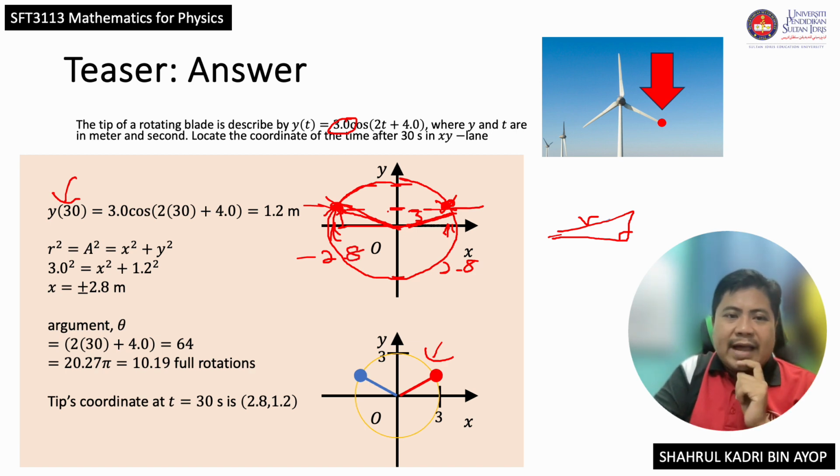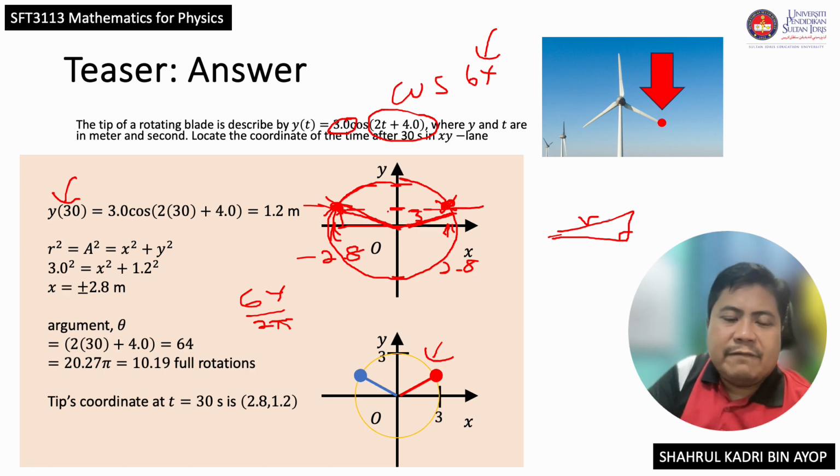But from the argument here, we can check. The argument is cos 64, in radians.